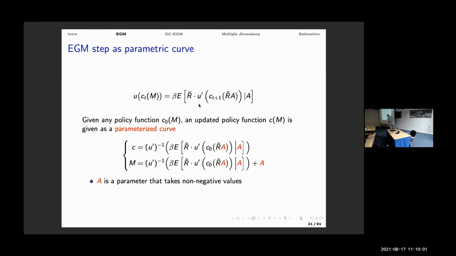Of course, we need to have some policy function C naught here, which is the next period policy function, or the previous iteration policy function if we're doing infinite horizons and we converge in policy function space.